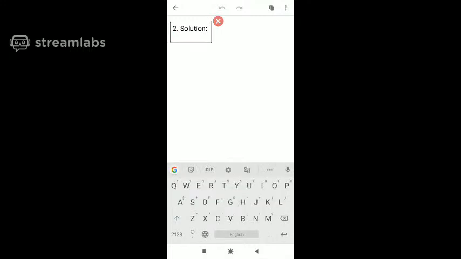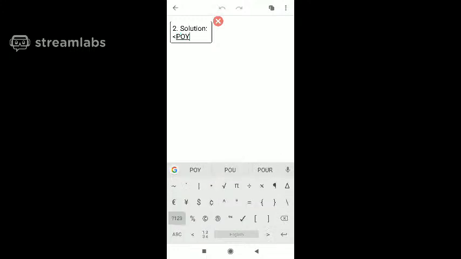So here it is given that angle POY is 90 degrees. We can see angle POY and angle POX are forming a linear pair because they are on the same straight line.